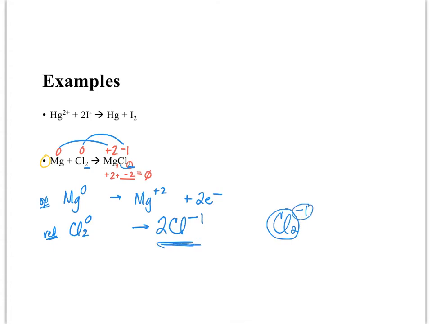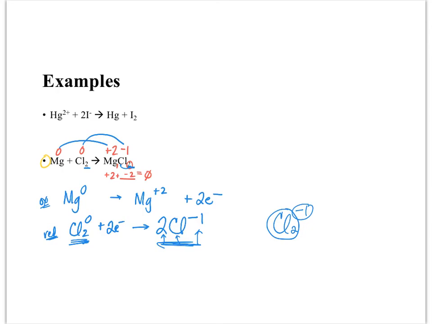What this is saying, which is what we want to say, is that there are two chlorines, each with a -1 charge apiece. So if I have two chlorines starting out with 0 charge, and each of those chlorines changes to a -1 charge, how many electrons had to be gained? Well, 2 electrons had to be gained in order to drop them down 2 charges. So those are the half reactions for that.